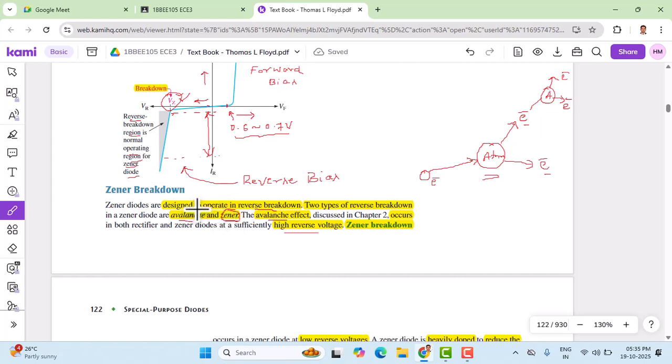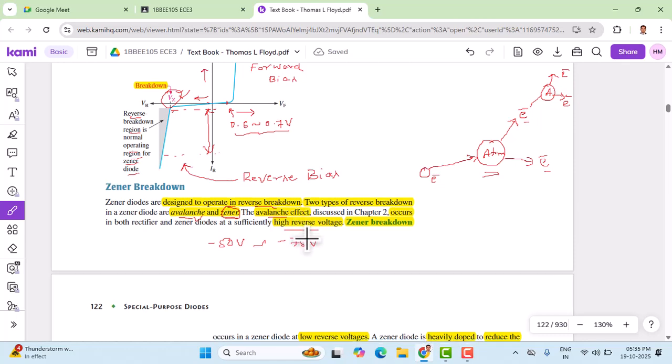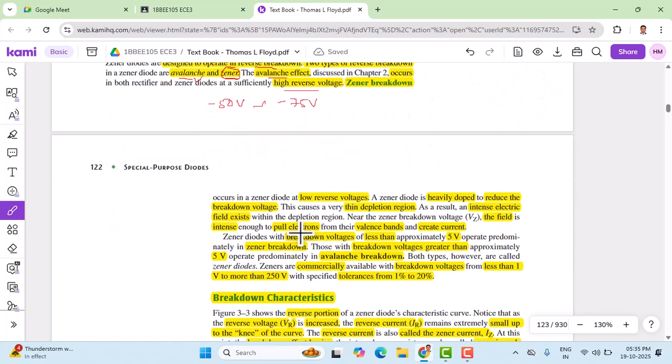Whenever the breakdown happens at a higher reverse voltage, typically minus 50 or minus 75 volts, it is called avalanche breakdown. So Zener breakdown occurs in a Zener diode at low reverse voltage, and at high reverse voltage it is called avalanche breakdown.